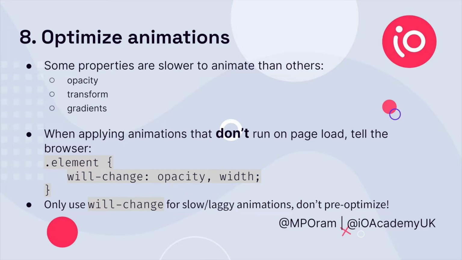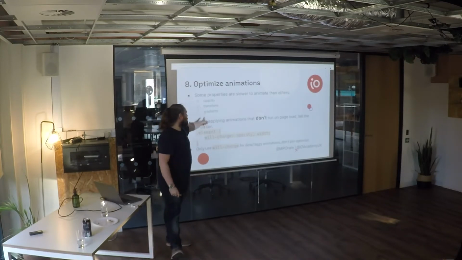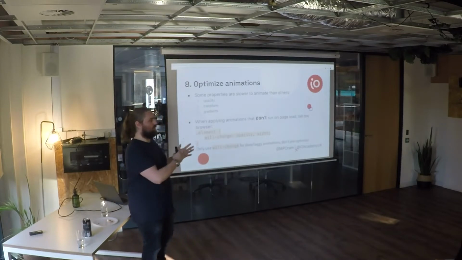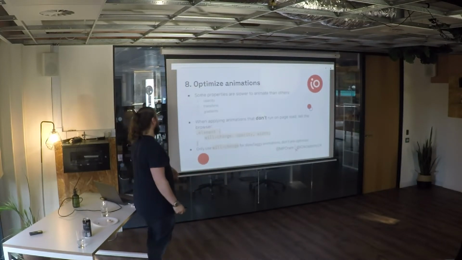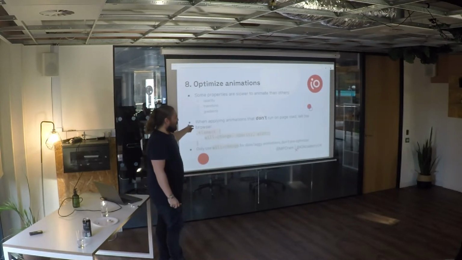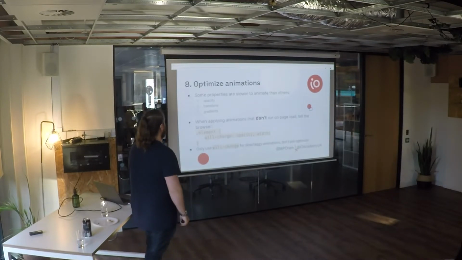Number 8, animation optimization. So I've talked about animations at various times. There are certain properties, like I said, like opacity, transforms, and gradients, which are much harder to animate. Trying to move something that's layered and gradiented to opaque is much harder for the browser to do. But actually, this is a really good trick that I don't think many people know about.